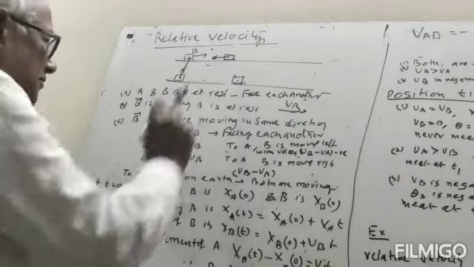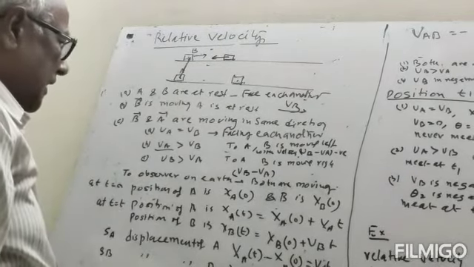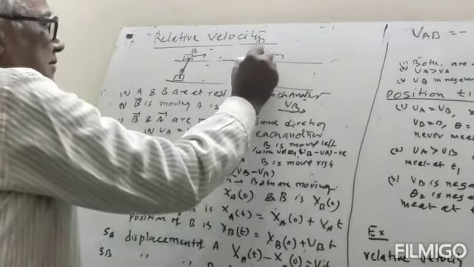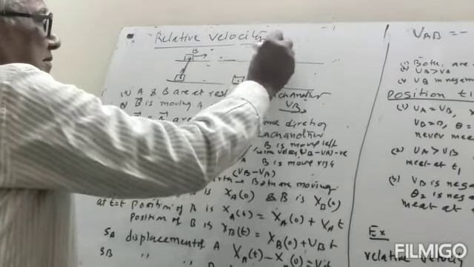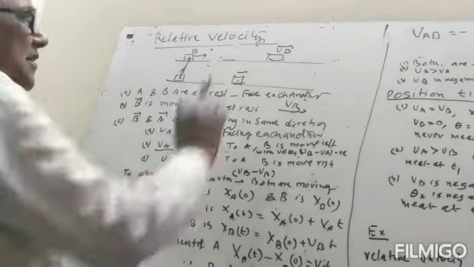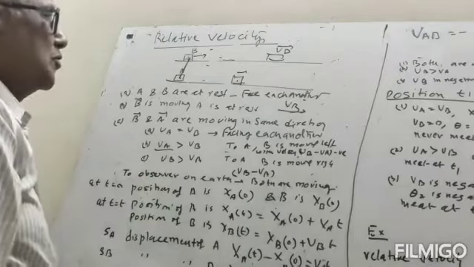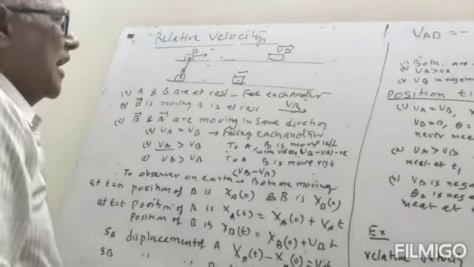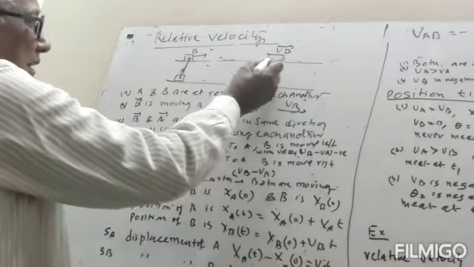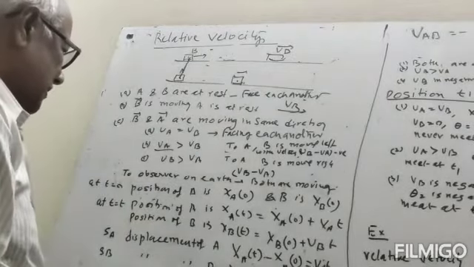And when VB is greater than VA, you will say that the velocity of B is more than his. So their relative velocity is positive when VB is going this side, and when it is going with less velocity, it will appear as a negative velocity.